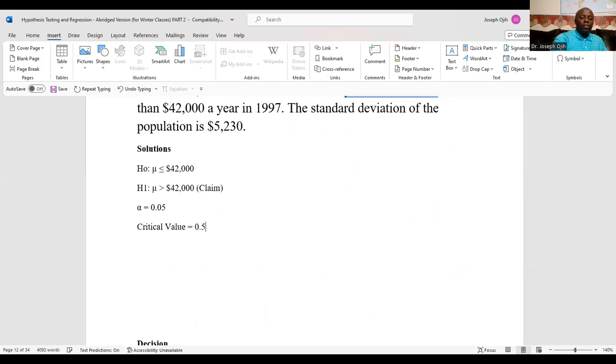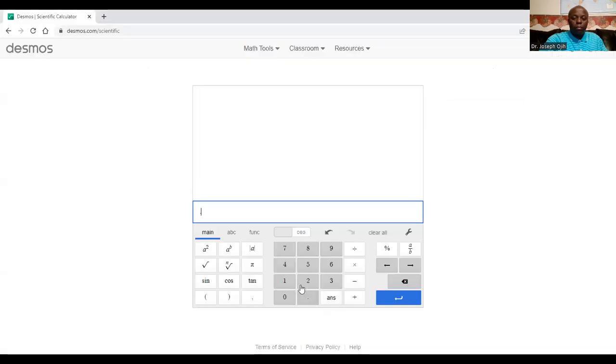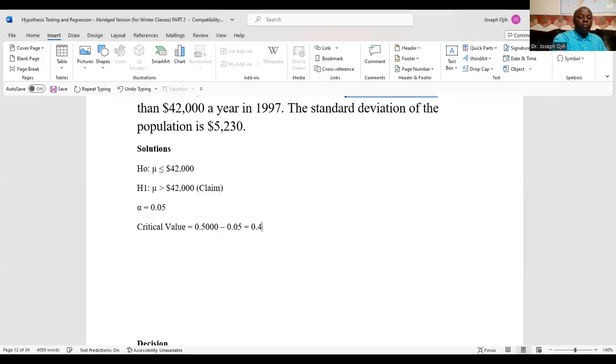So since we are going to be using it, we'll get our critical value this way. 0.5 minus 0.05, and that will give us, I'll get it from the calculator, 0.5 minus 0.05 gives 0.4500.